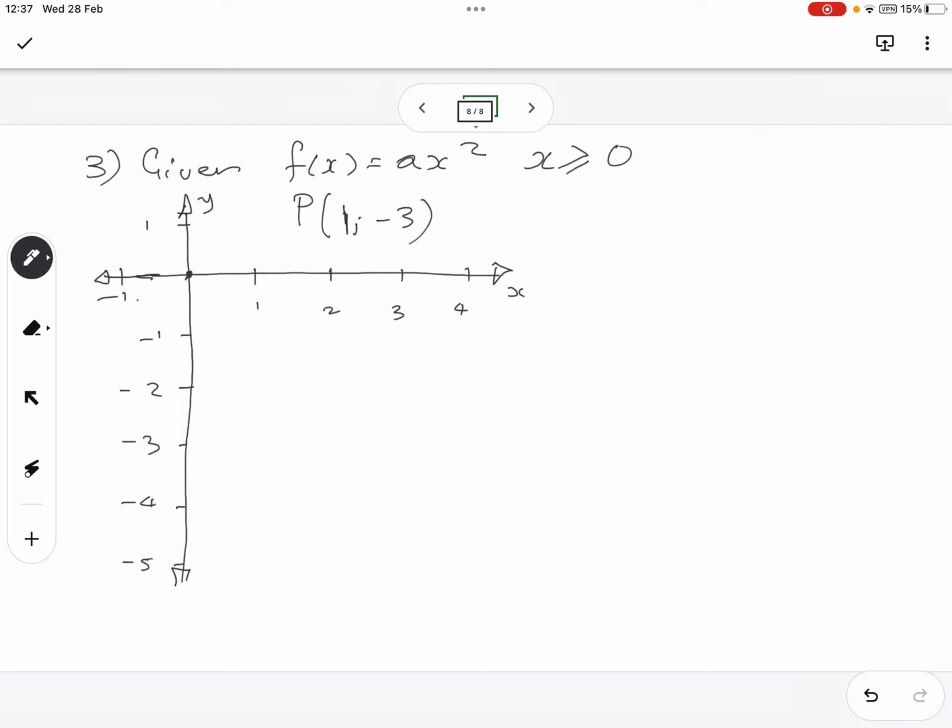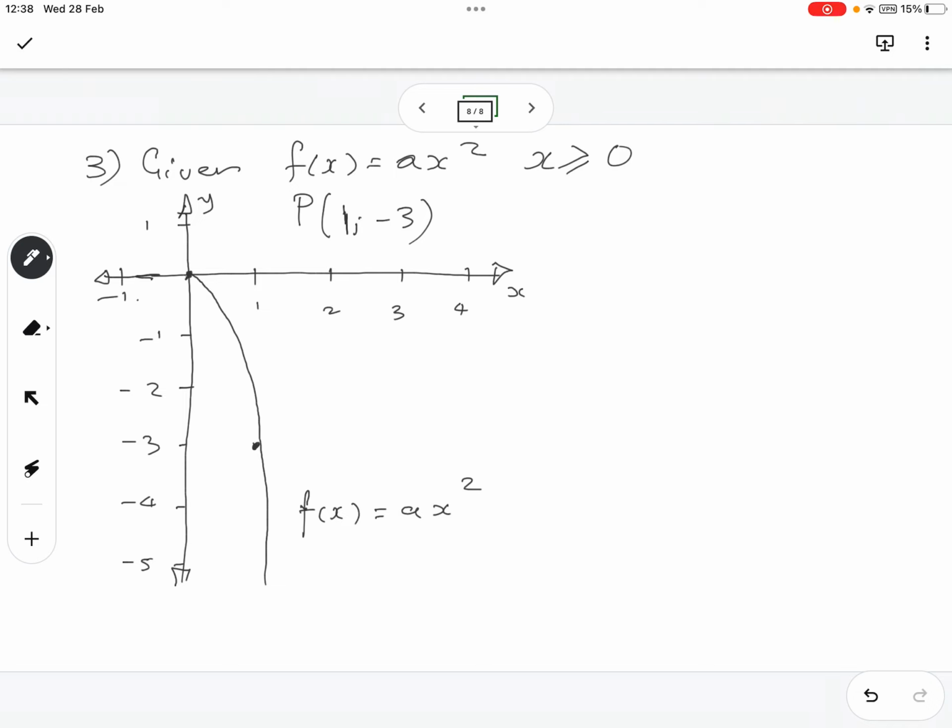So we're told that our curve has the points 1, negative 3, and 0, 0, and it curves something like that. That's our graph. F of x is a x squared.